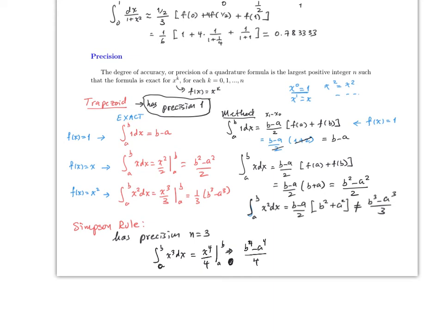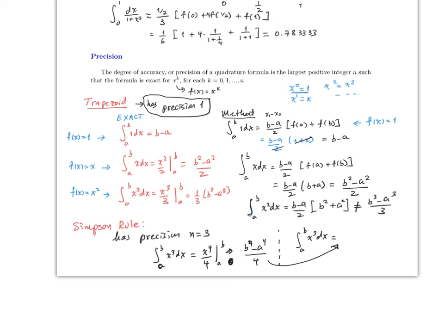When you do Simpson's method and integrate from a to b of x cubed dx, it should give you exactly this result again. So you should check it out. You should start with n equals 0, which is this, then 1, then 2, and so forth. Again, you're going to see these questions multiple times throughout all of chapter 4.